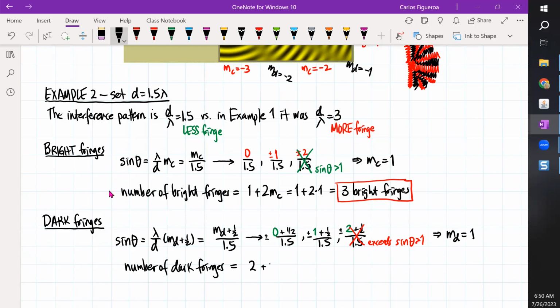Then this is going to be 2 because I get plus and minus. And then it's the m_d value. So you can see here that I'm going to get 2 times 2 times 1. I get 4 dark fringes.